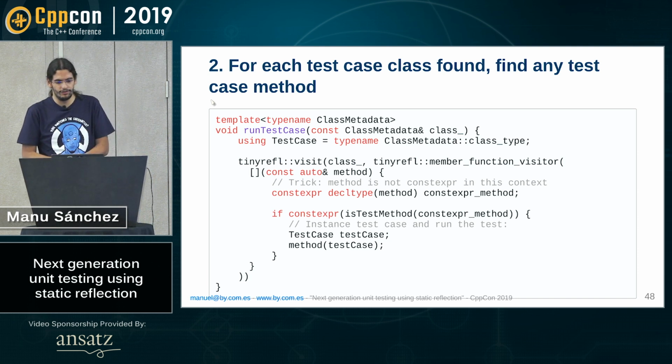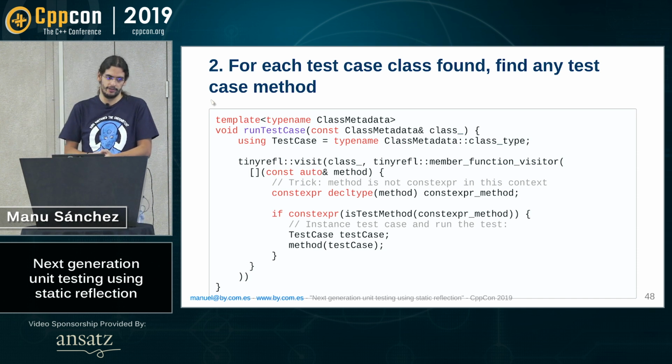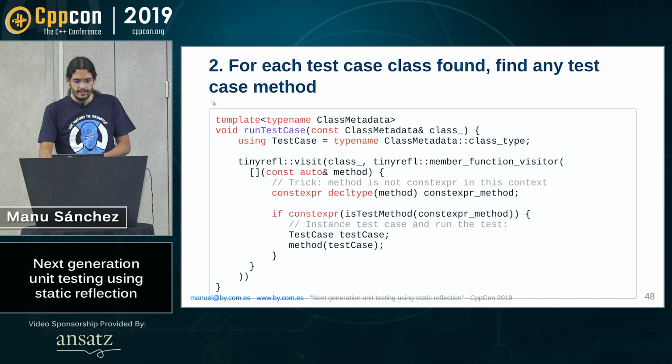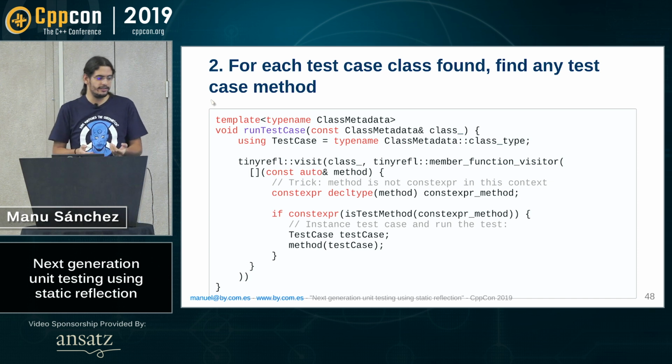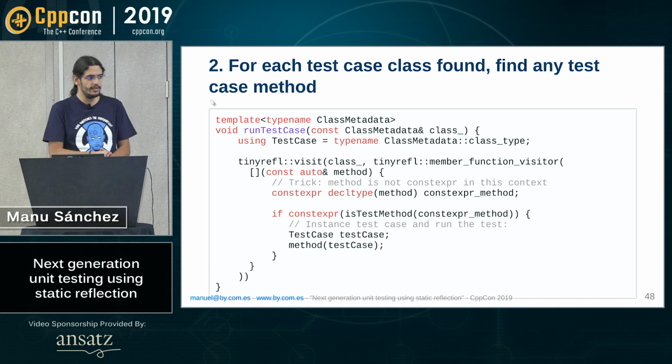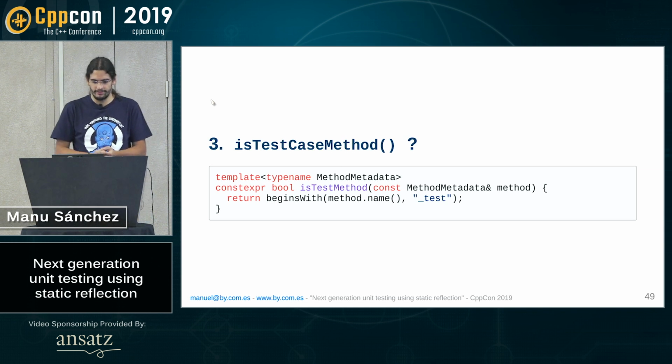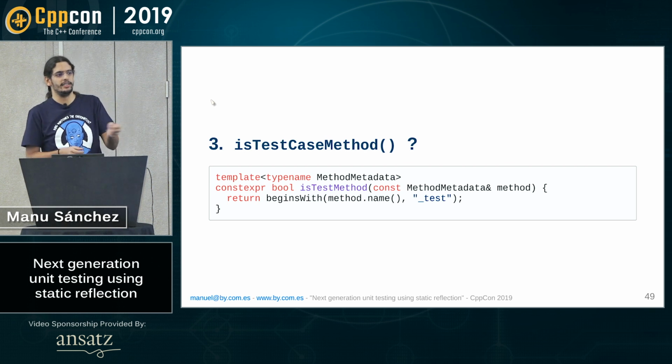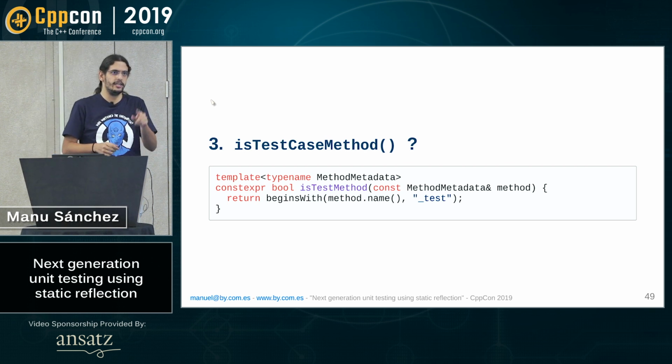Okay, so I can use it in the next if constexpr. If the test is an actual test method, we instance the test case and just call the method with the test case. And the implementation of each test method is as simple as checking if the prefix of the name of the method is test underscore.